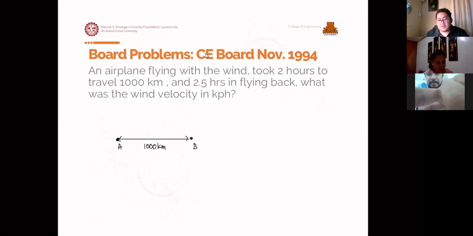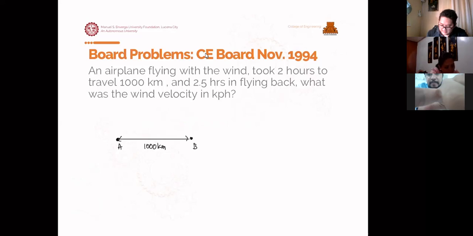The time of travel from point A to B is less than the time from B to A. Let's assume that the direction of the wind from A to B, while the plane is flying from A to B, is the same as the plane's direction. So it is along its direction.